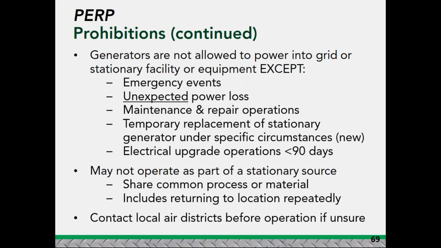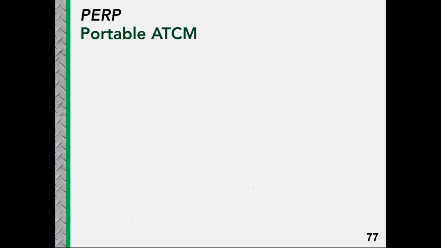If it happens to be a diesel engine, it would be less than that because those engines are covered by a different regulation, which I'll talk about in just a minute. And again, if you're unsure, contact your local district before you do it. The last thing I want you to have happen is get a citation or a notice of violation from a local district because you didn't check to see what was actually legally allowed for these portable units.